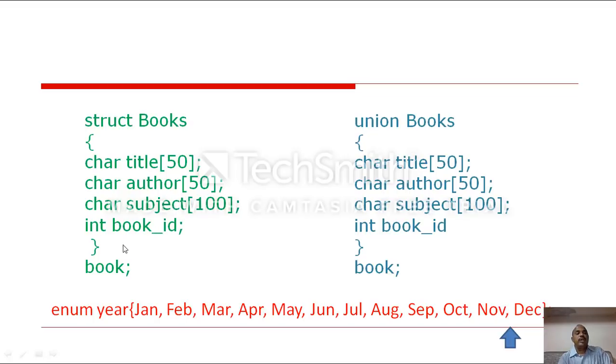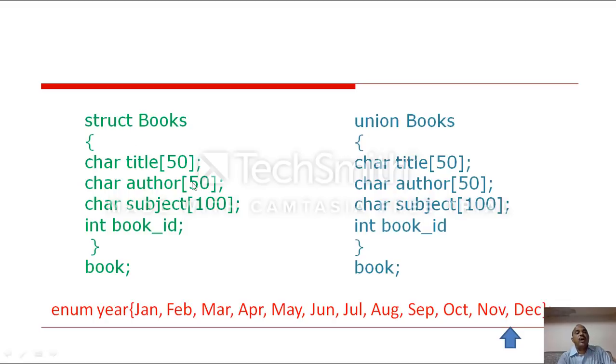So here book is a variable of the struct books. Clear all of you? Here we can store all kinds of data, character data and integer data, in the book memory location. How many bytes of memory does the book structure variable occupy?